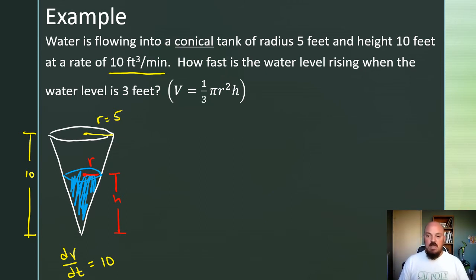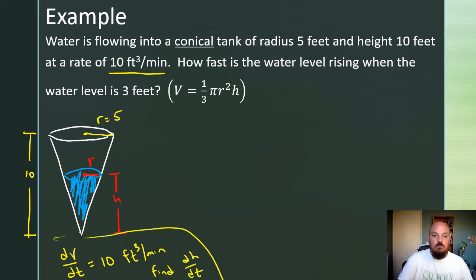You always want to check for that. If water was leaking out of this cone, it would be negative 10. And it asks us, how fast is the water level rising? Well, that's h. So we are being asked to find dH dt. That's the rate part there. Let me kind of circle that off.